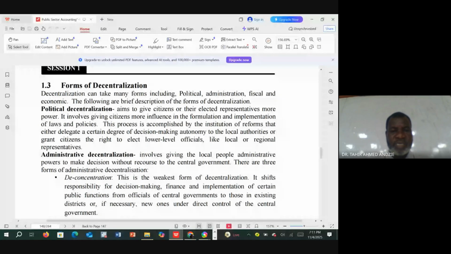And for political decentralization, it aims to give citizens or their elected representatives more power. And when we say their elected representatives, who are they? The people of the local area will be given the power to elect their representative, right?